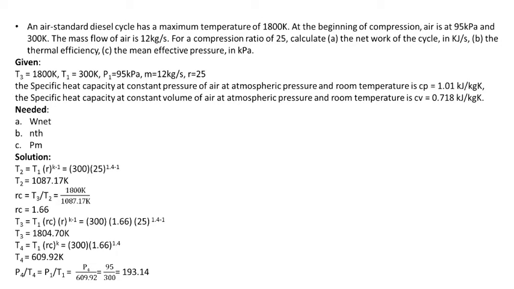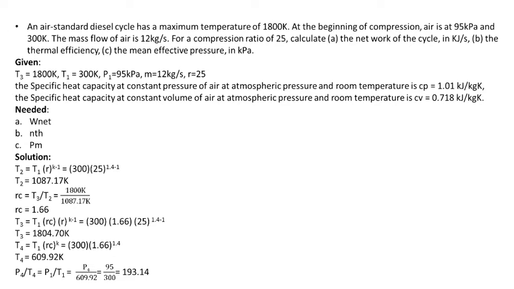Let us begin solving by finding the missing state properties. T2 equals T1 multiplied by r raised to k minus 1, then it will be equal to 300 multiplied by 25 raised to 1.4 minus 1. Then we will get T2 equals 1087.17 K. rc equals T3 over T2.